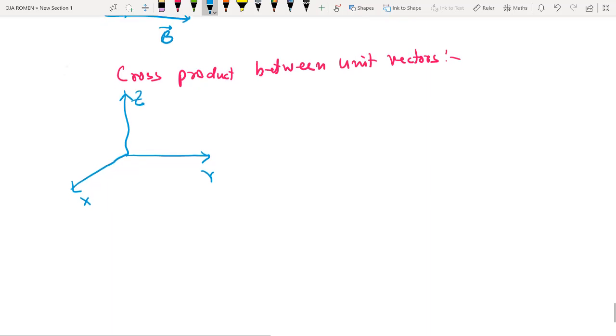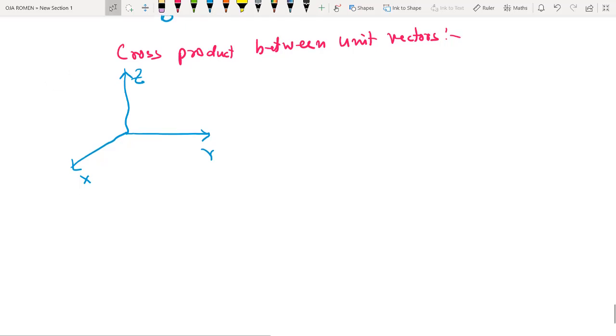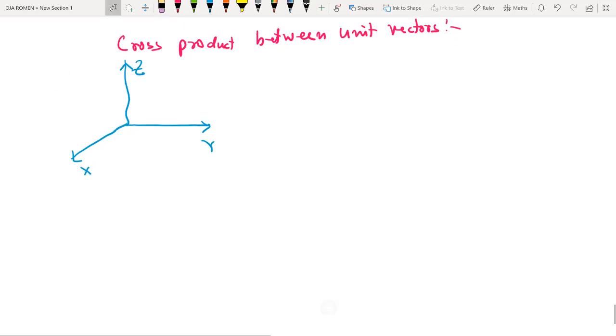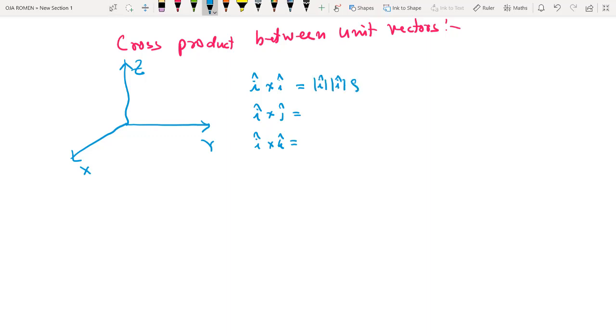So I cross I, I cross J, I cross K. I cross I is magnitude of I, magnitude of I, sine of the angle between I and I, that is 0 degree, so this is 0.